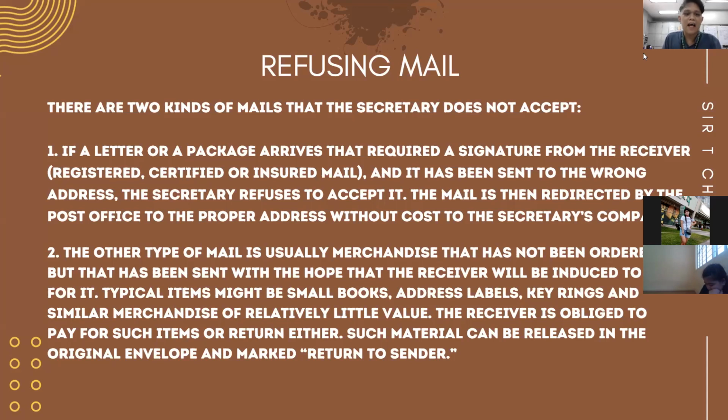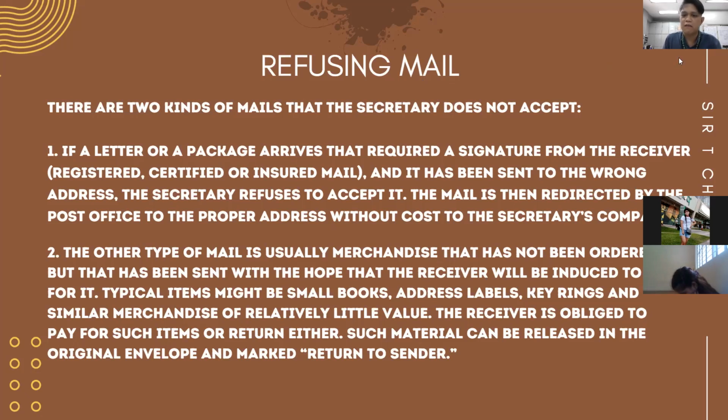Second, the other type of mail is usually merchandise that has not been ordered but has been sent in the hope that the receiver will be induced to pay for it. Typical items might be small books, address labels, key rings, and similar merchandise of relatively little value. The receiver is obliged to pay for such items or return them.